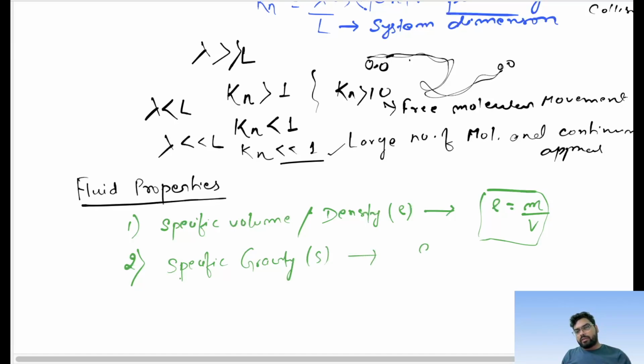Specific gravity S is defined as the ratio of the density of the liquid or gas, the density of the substance, upon the density of a standard fluid.